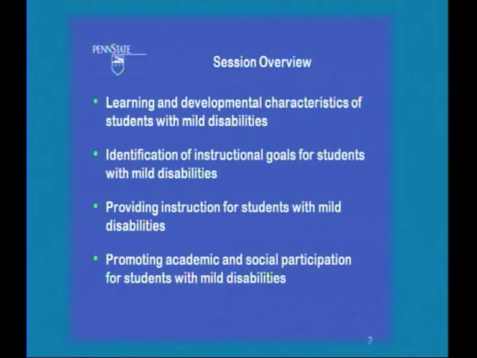We will also look at how to identify instructional goals for students with mild disabilities and how to provide instruction for students with mild disabilities. To wrap up the session, we will be examining how to promote academic and social participation for students with mild disabilities.